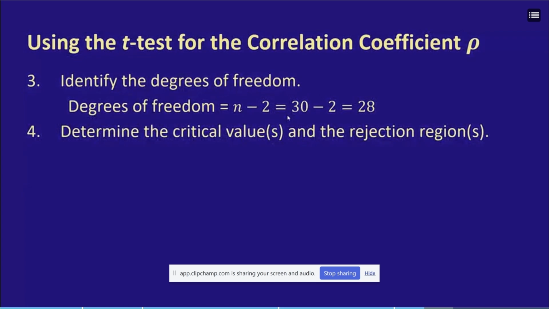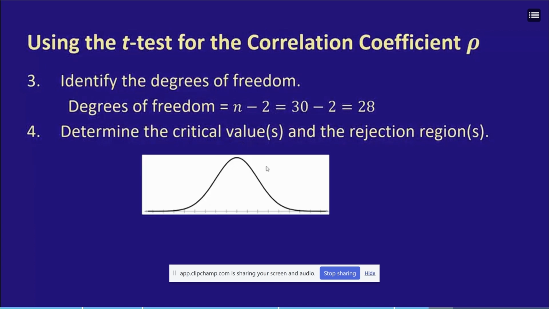We then go to the t-distribution to determine the critical values and the rejection region. Again, we're using a two-tailed test, so when we go to the t-distribution, we're going to take our alpha of 0.01 and split it so that we put half of alpha, or alpha over 2 equal to 0.005, in both tails of the t-distribution.